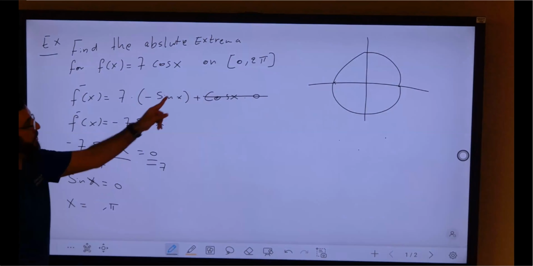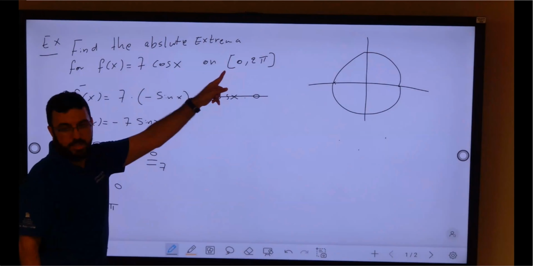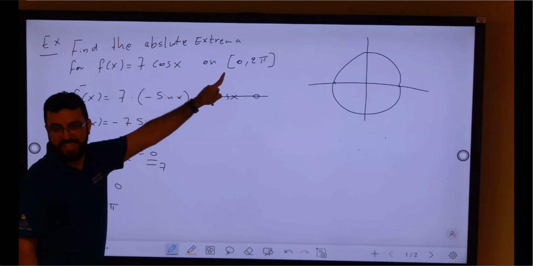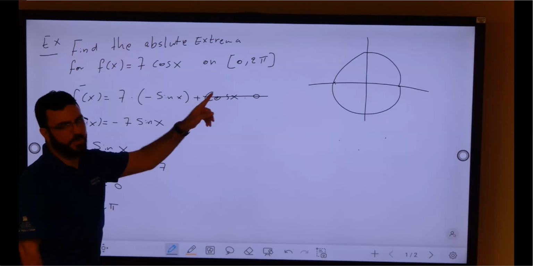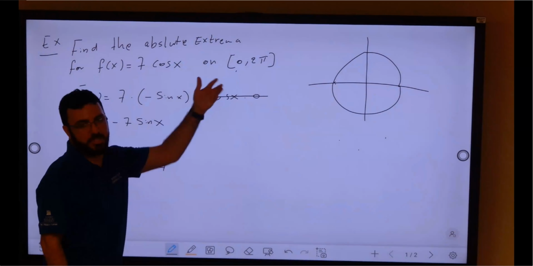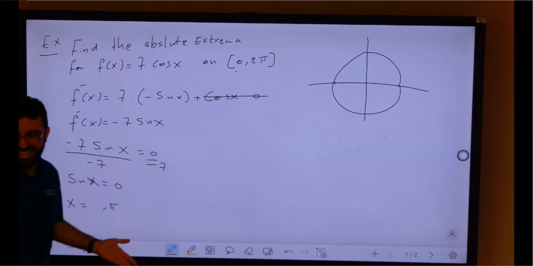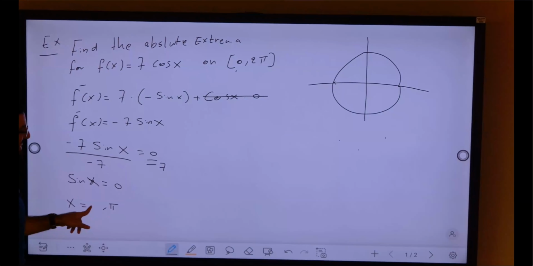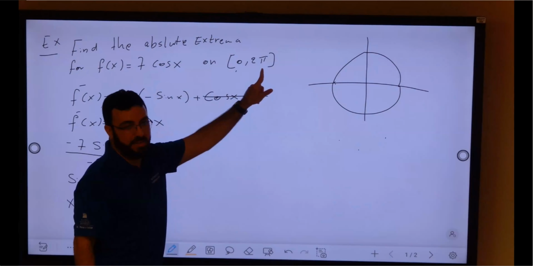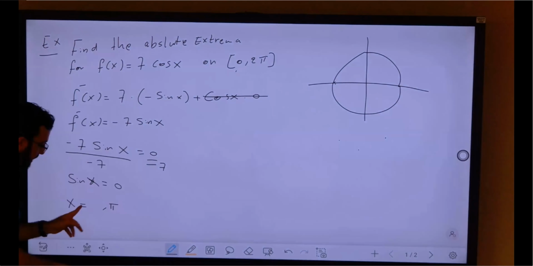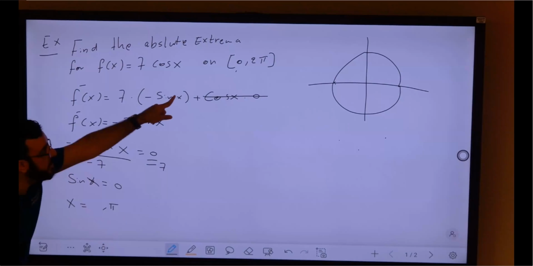Sine 0 is 0, sine pi is 0, and sine 2 pi is also 0. So that means I can choose only pi, because I have 0 and I have 2 pi.